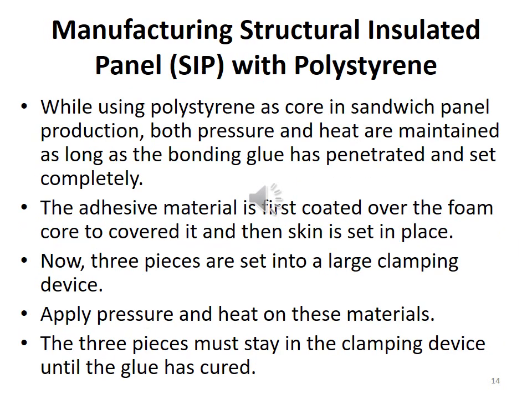When you are using polystyrene as a core to fabricate structural insulated panel, pressure and heat are applied, and this pressure and heat are maintained until the bonding glue has penetrated and settled completely.